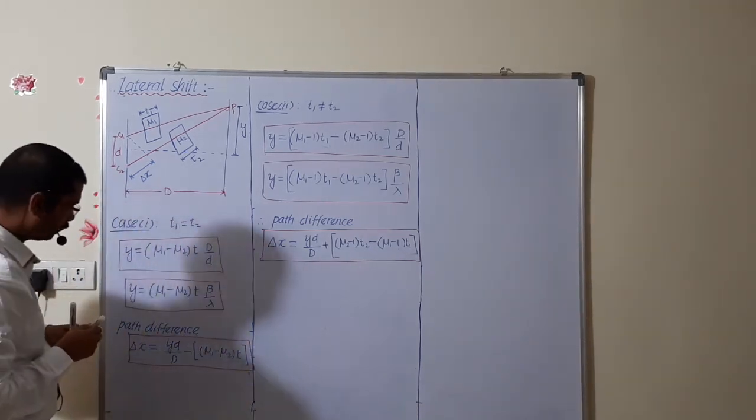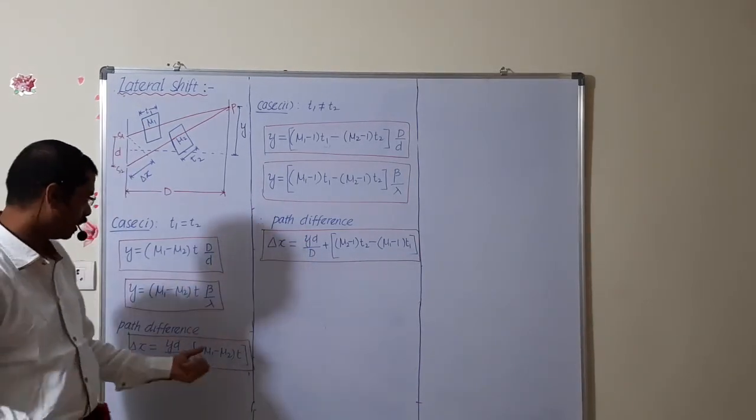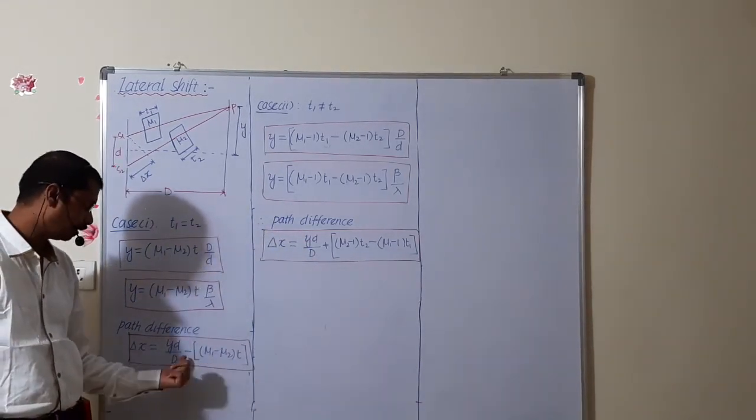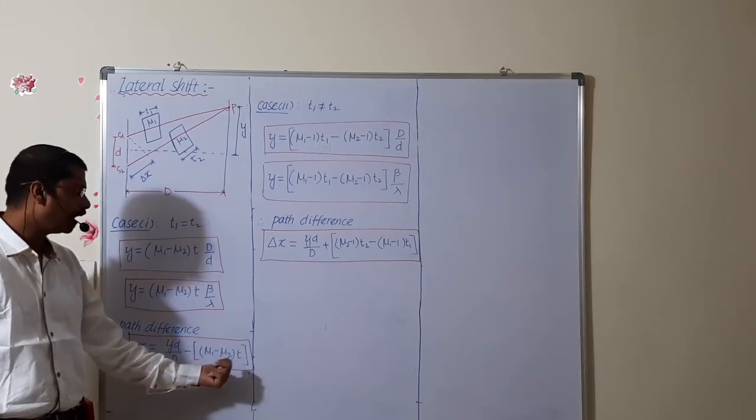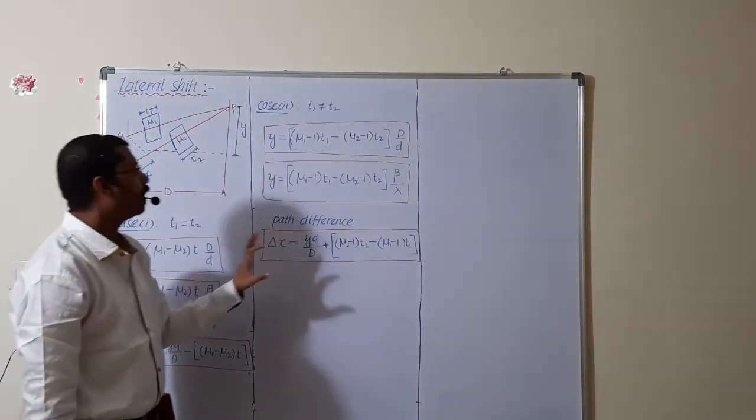If the thicknesses of the glass slabs are unequal, we have to use the previous one. Otherwise, if you interchange the values, we can also write mu2 minus mu1. This is the path difference.